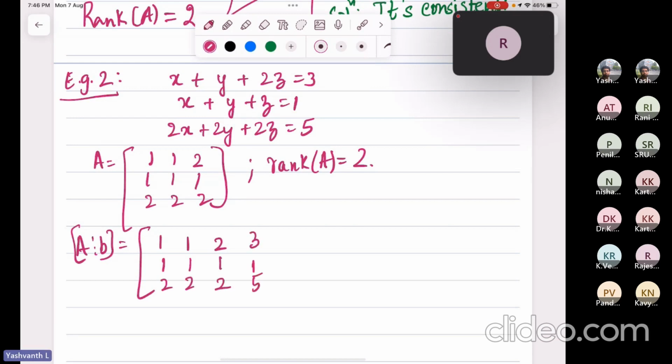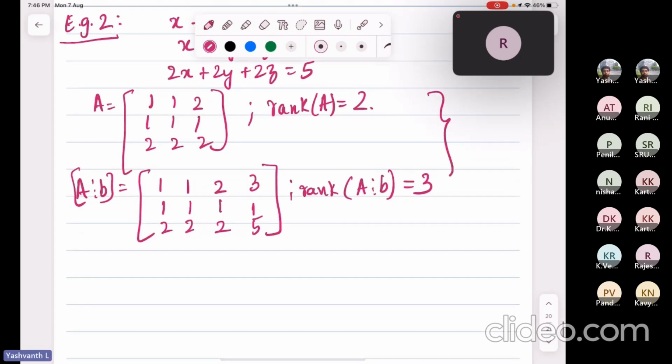You can show that rank of A is 2, but the augmented matrix A with the vector B is 1 1 2 3, 1 1 1 1, 2 2 2 5. You can show that the rank of A augmented with B equals 3. Therefore, not equal. Therefore, the system is inconsistent. That is, no solution exists.